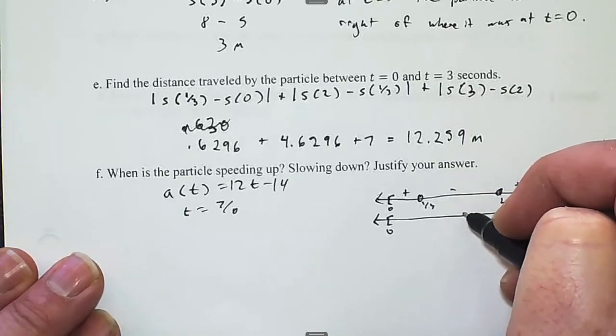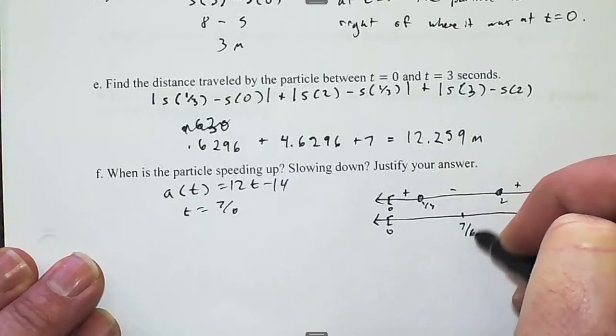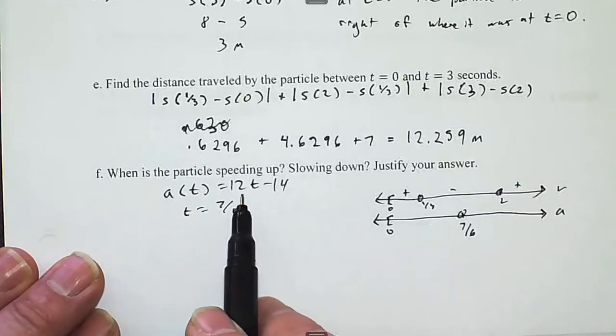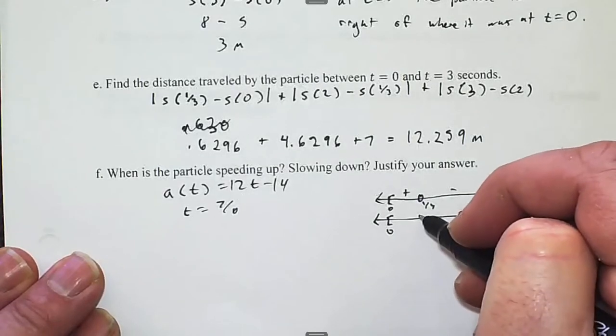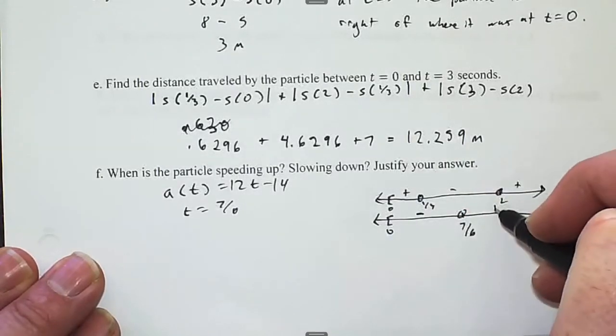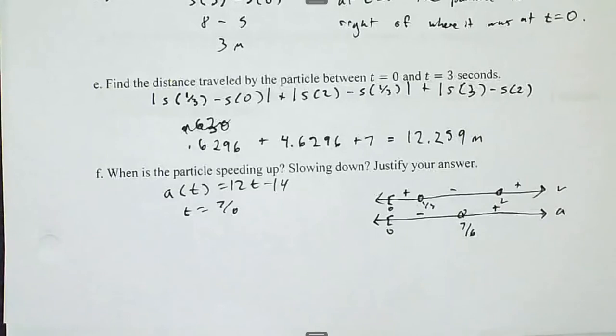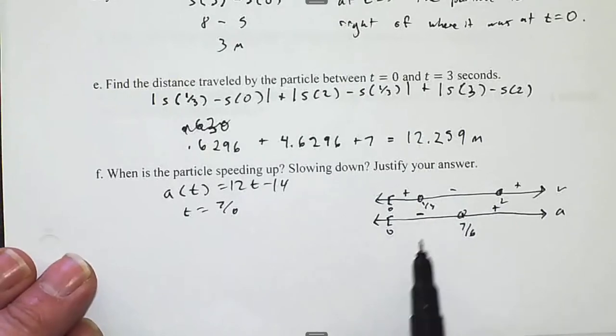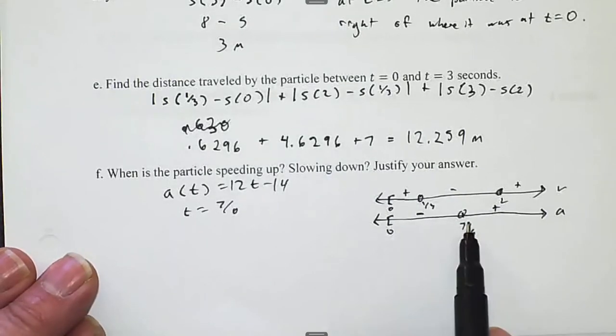Acceleration was 0 at 7/6. But before that, like if you plug in the number 1 here, you get 12 minus 14 is a negative 2. Before that, it was negative, and then after that, it was positive. So we can see that the particle has a negative velocity and negative acceleration on the interval from 1/3 to 7/6.